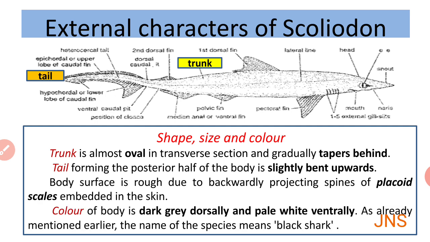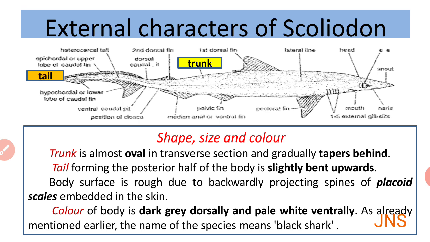The body surface of Scoliodon is rough due to backwardly projecting spines of placoid scales, which are backward directed, due to which the skin becomes rough.